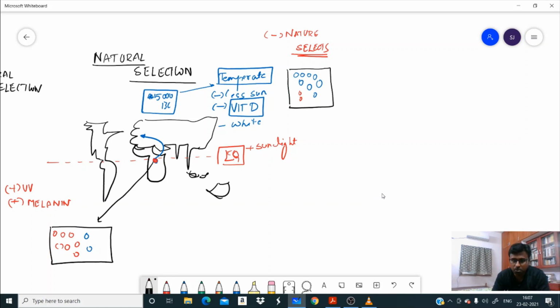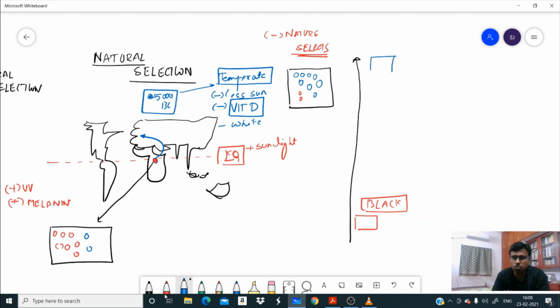But if you see here, what is this change? According to this natural selection, a population which had black skin color has now changed into white. The transition from black to white. Isn't it evolution?